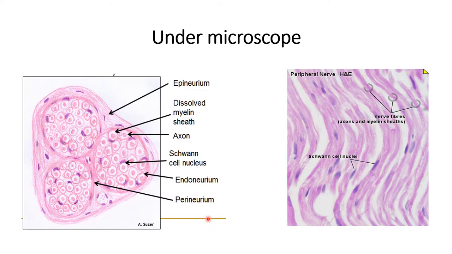Now we move on to the microscope. So what will you appreciate under the microscope? This is the cross section, whereas this is the longitudinal section. In the cross section, you will be able to appreciate number 1, epineurium. The epineurium is the layer of dense irregular connective tissue and contains blood vessels, lymphatics and nerves.